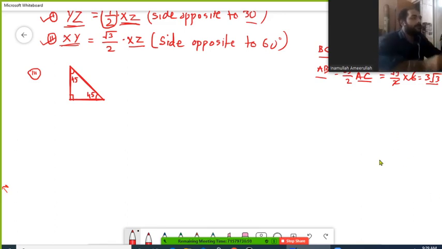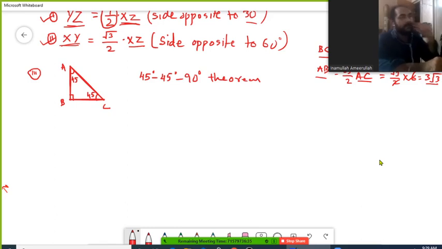So this is triangle ABC. In triangle ABC, angle B is 90 degrees and angles A and C are 45, 45 degrees, and this theorem is called the 45, 45, 90 theorem.